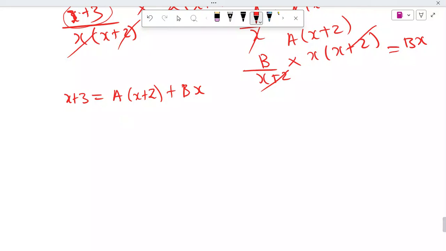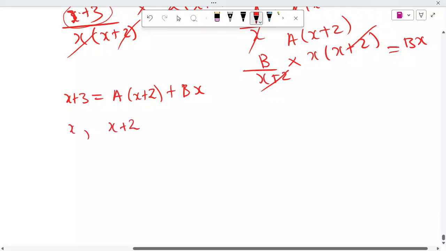Now, if you remember, the denominator has two factors, x and x plus 2. We are trying to find A and B, so we can't proceed without solving these two equations. So we have x plus 2 and x. We say x equals 0.